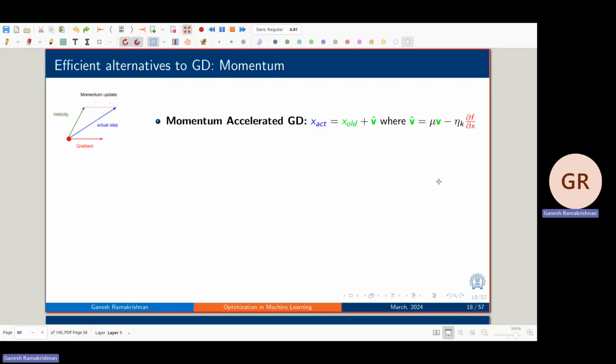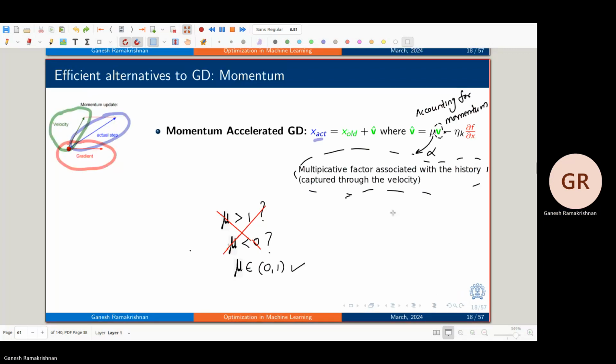Now the first point I want to make here is this mu should be a bit regulated. The mu should be between 0 and 1. It should be a bit tempered.